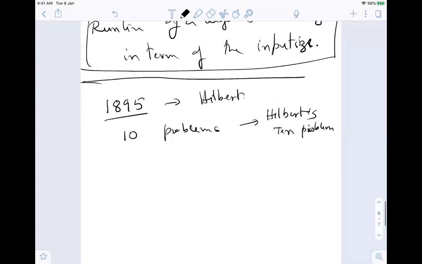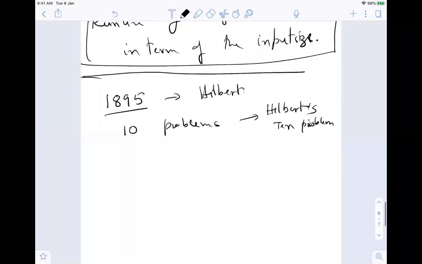One of the questions that he asked was, remember that at that time there was no concept of computers. There were no computers, but the logic was there. And then he asked which problems are solvable.